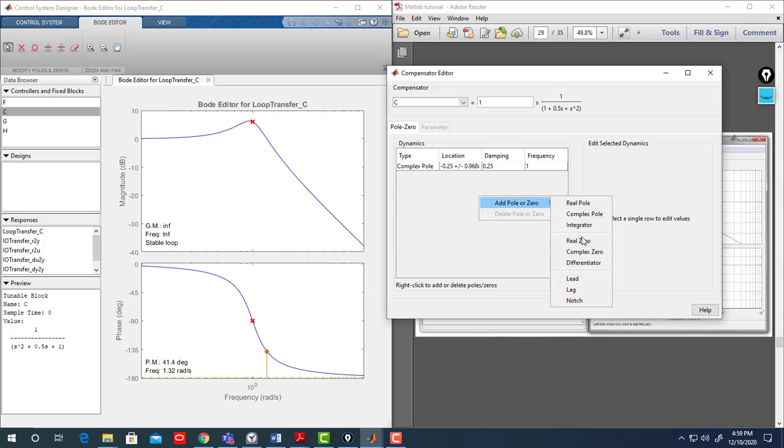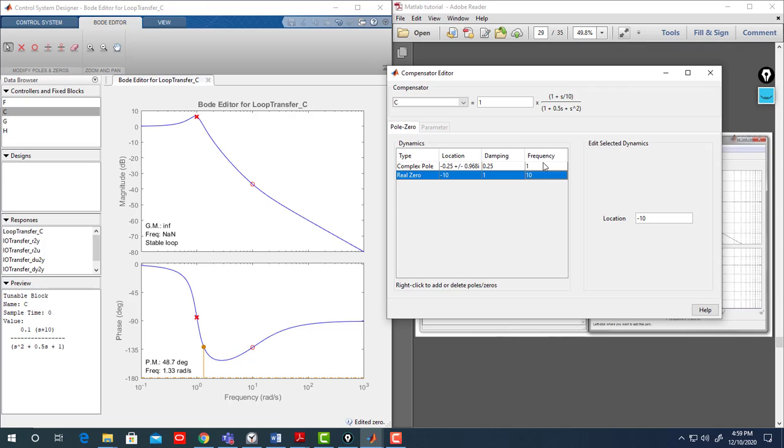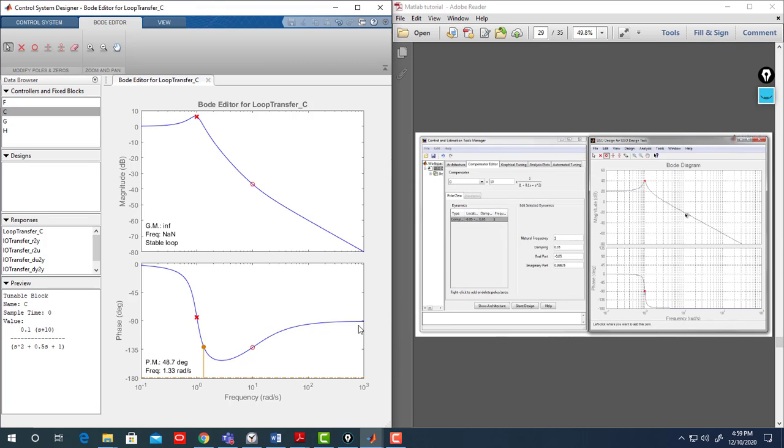So add real 0 at minus 10, and that's what you get. So it goes to minus 20, and this goes to minus 90, and this goes to a minus 20 decibel per decade slope. You see, this slope was minus 40. The slope was minus 40.